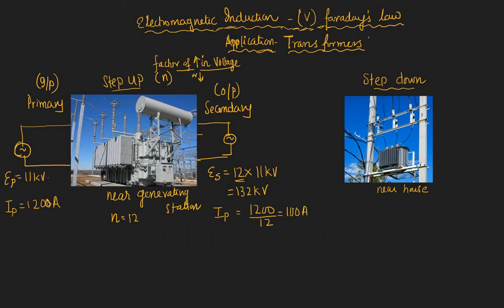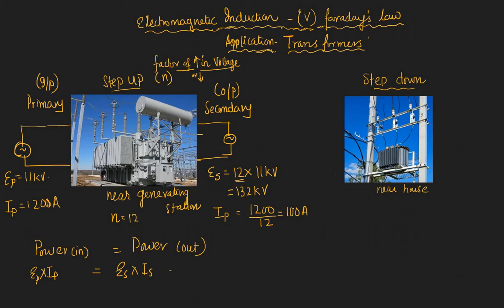The reason why this happens is because we want to make sure that the power of the input is equal to the power of the output. In other words, you want EP into IP to be equal to ES into IS.